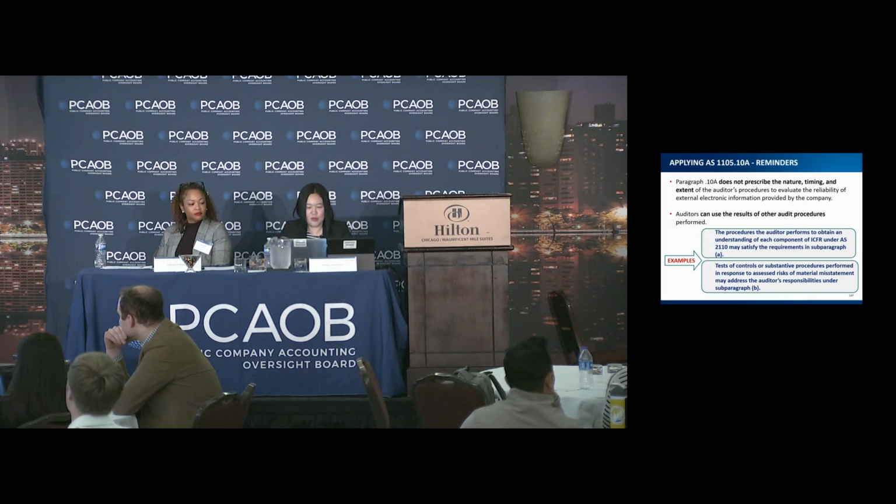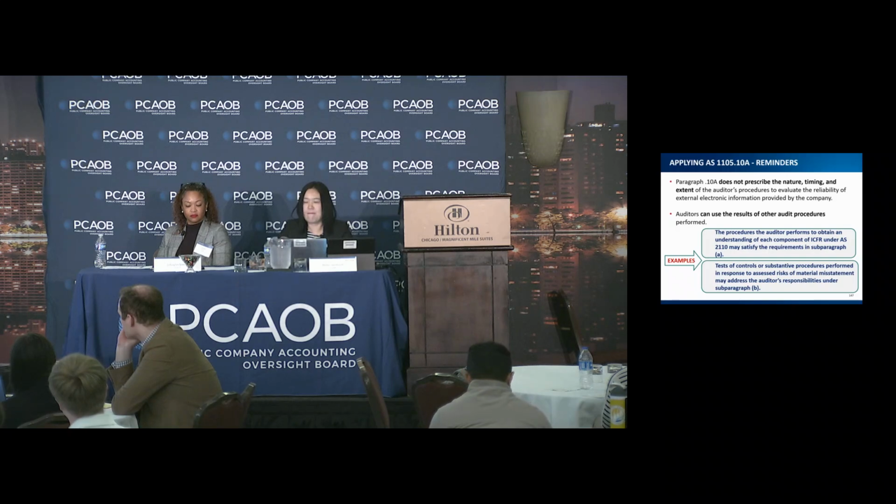One additional important point I want to make is that the procedures performed to comply with paragraph 10 cap A may not necessarily be separate and distinct. The results of other procedures the auditor is performing may satisfy one or both subparagraphs of paragraph 10 cap A. The slide provides two such examples.